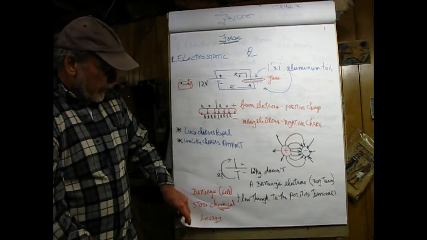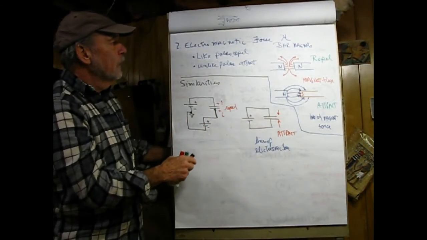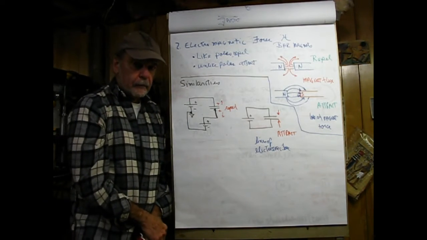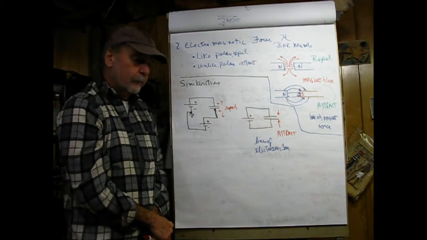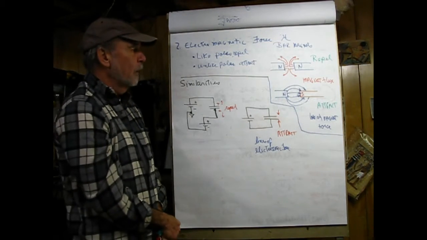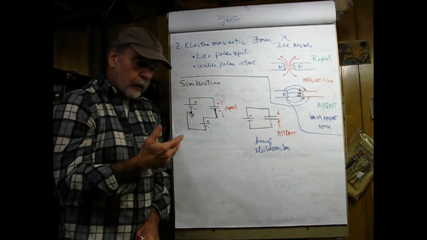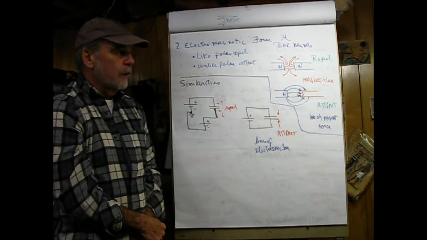So we have electrostatic force, and it has a cousin, which is electromagnetic force, and the variable for this is a script H. It can be represented very simply by what I think everybody is familiar with, bar magnets. And like electrostatic charges, like poles repel and unlike poles attract.